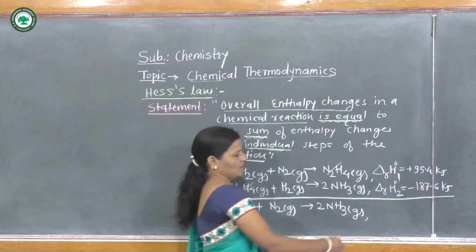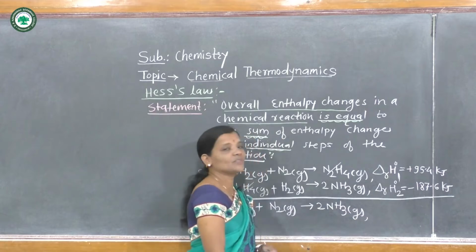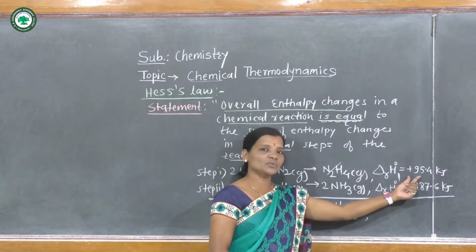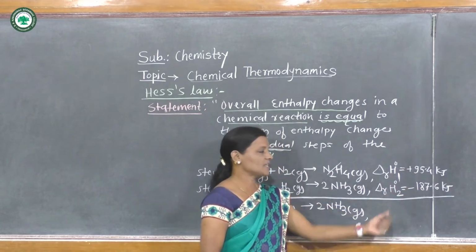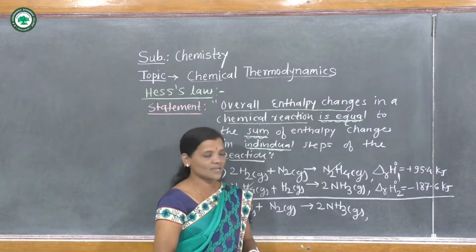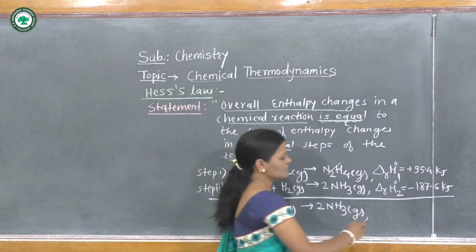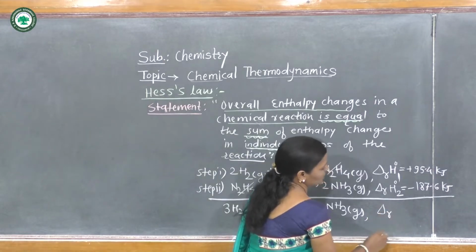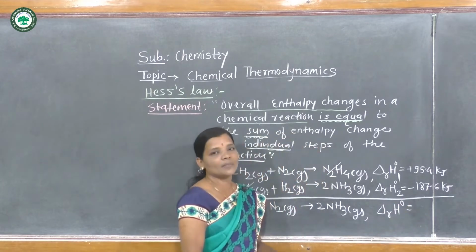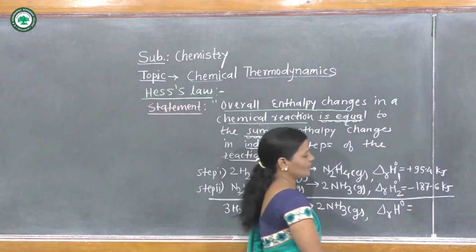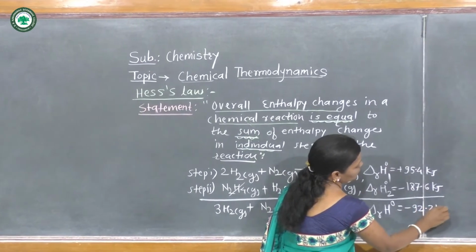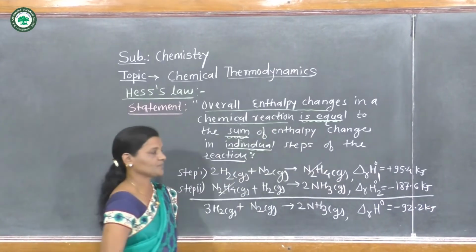And here we have to do the summation of these enthalpies. One enthalpy is found to be positive 95.4, and in the second step the enthalpy change is found to be minus 187.6, and the summation of both these enthalpies will give the required enthalpy change for this chemical equation, and that is found to be minus 92.2 kilojoule.